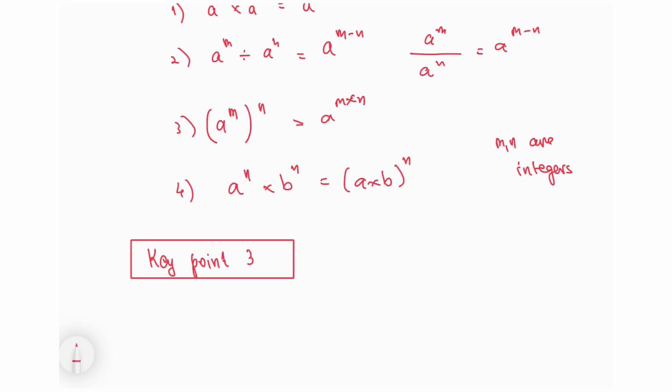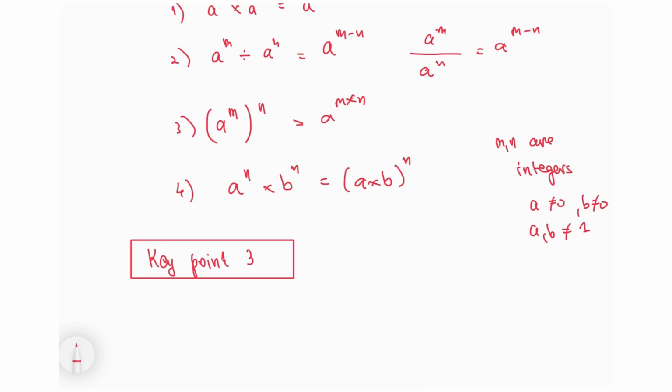We can also say that a is different from 0 and b different from 0, and a, b also different from 1, because 1 to the power n is always 1.